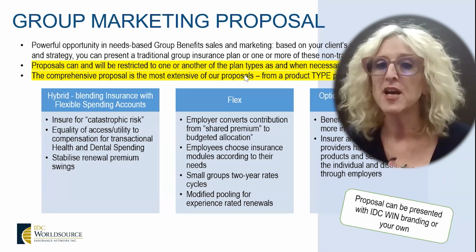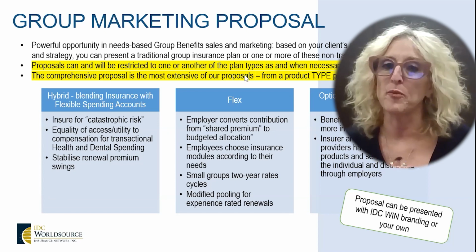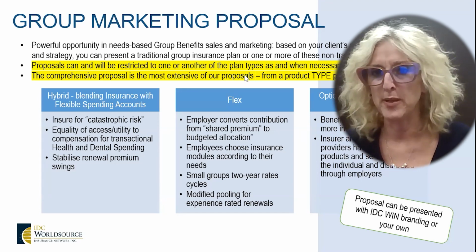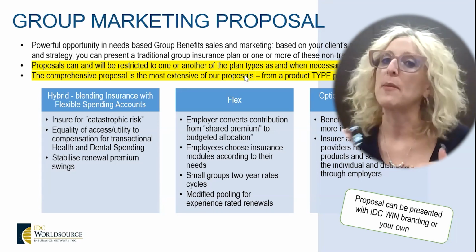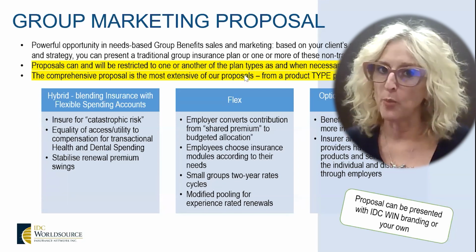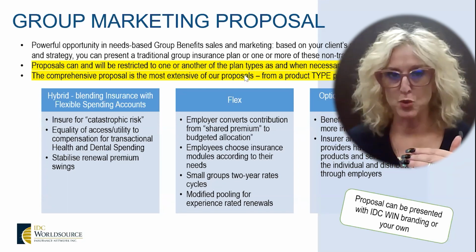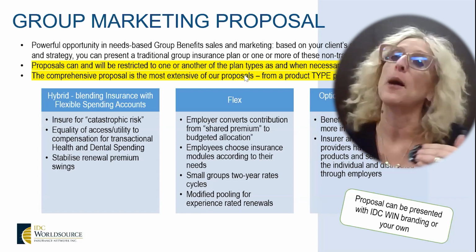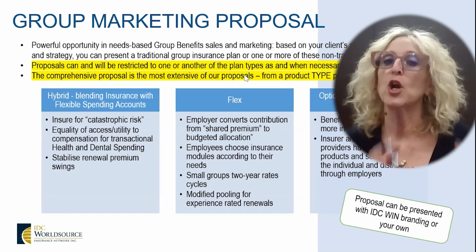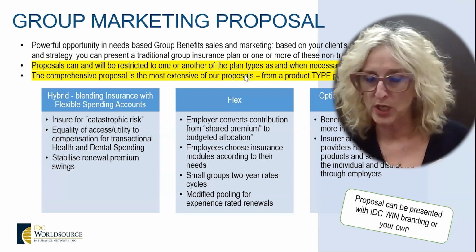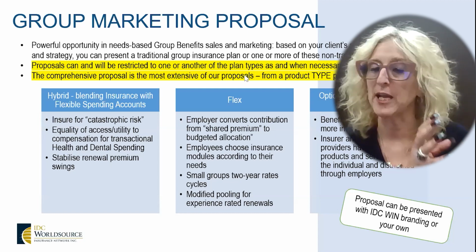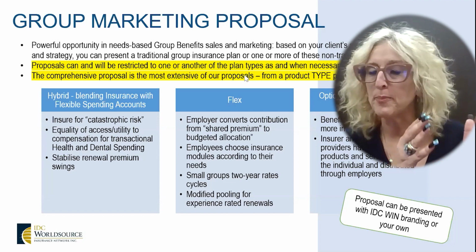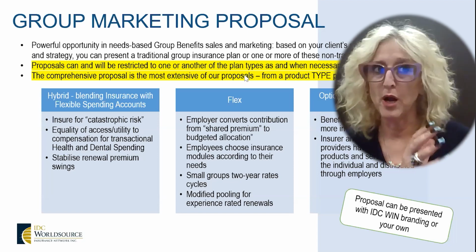You may have come to us asking us to provide information on a hybrid plan or a flex plan, which we could do down to 3 people, or voluntary programs that might be key to helping the employees get individual insurances as well. So the way we outline a marketing proposal is going to be based on your feedback, what you're looking for, the type of benefit plan that we're putting in place or that we want to put in place and help you with this client. It might not be the traditional benefits that you are used to.